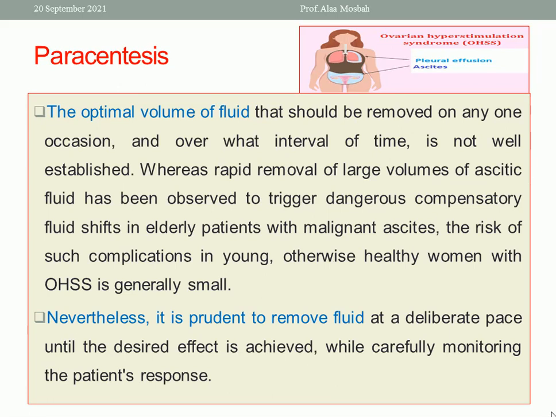There is no optimum amount of fluid to be aspirated, okay? And you should be wise during paracentesis as regards the amount and not too fast in withdrawal of fluid from the peritoneal cavity.